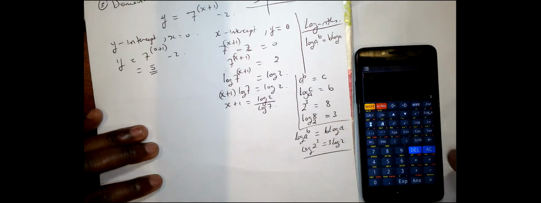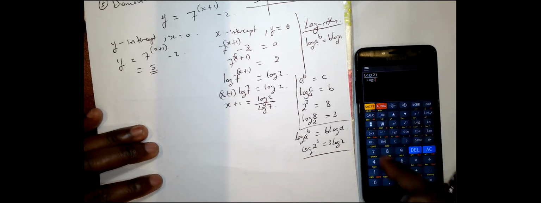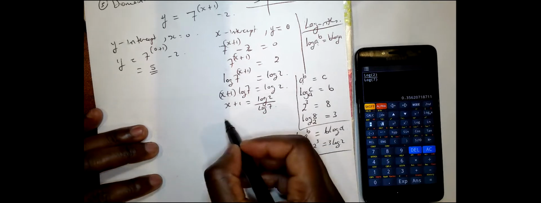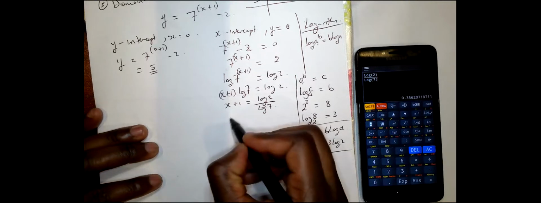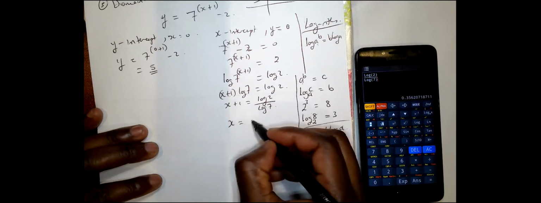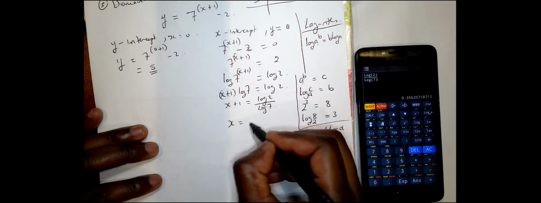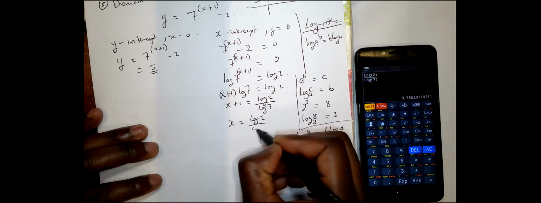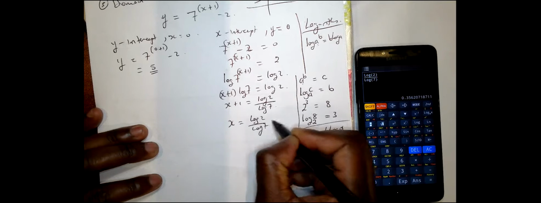Now log 2 divided by log 7, what do we get? We get 0 point something, like that. Then what is going to be our x there? x is going to be equal to log 2 over log 7 minus 1.